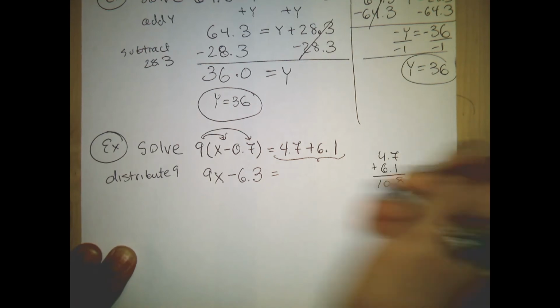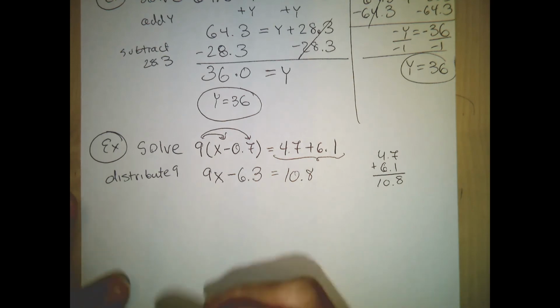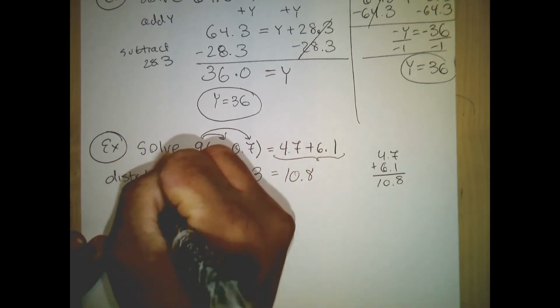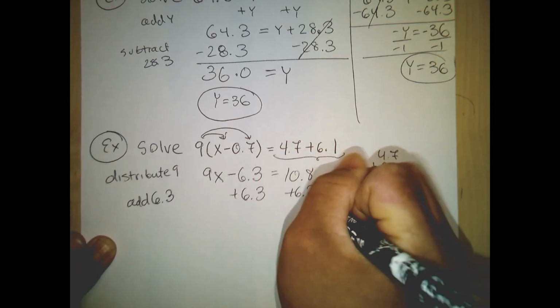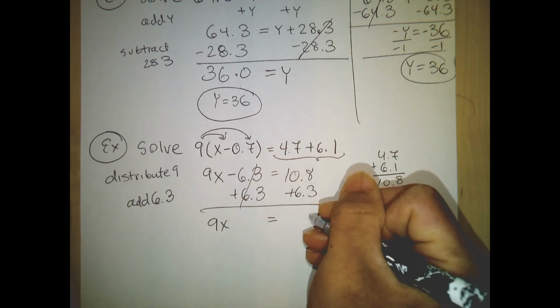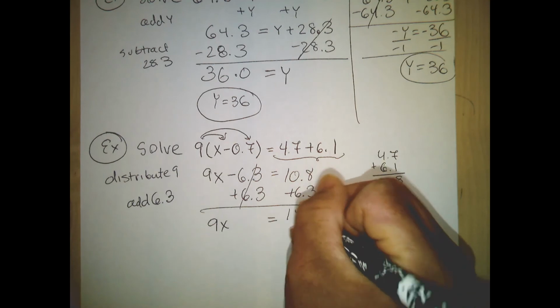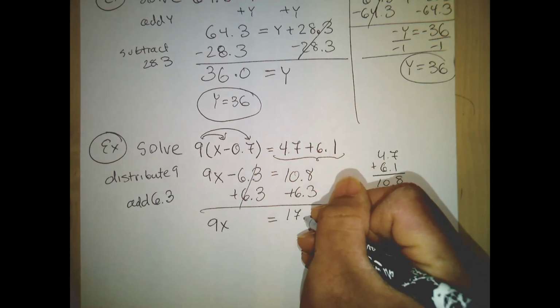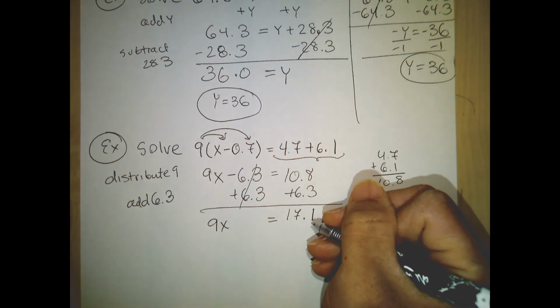will be 10.8, right? And then I am going to add the 6.3 to each side, so that will zero out the 6.3, so 9x is equal to 10.8 plus 6.3 is going to be 17.1.